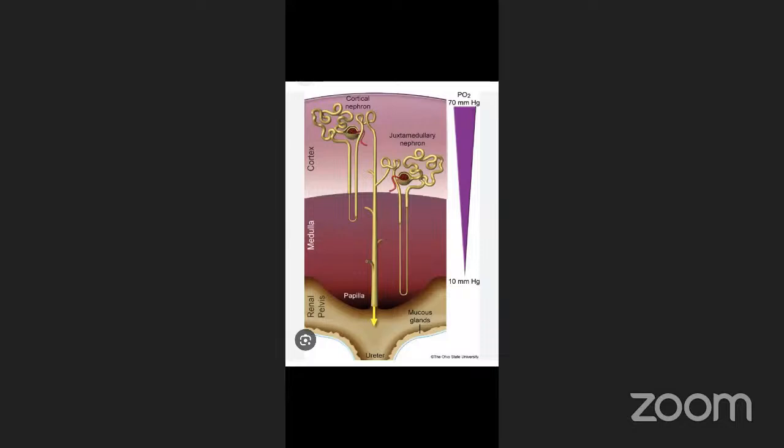The hypothalamus stimulates the pituitary gland to secrete less antidiuretic hormone, which makes the kidney tubules less permeable to water. Before you get to the hypothalamus secreting less antidiuretic hormone, what are the signals?